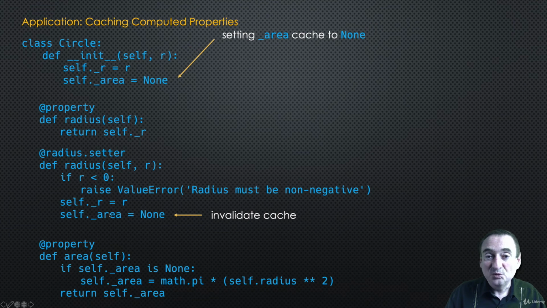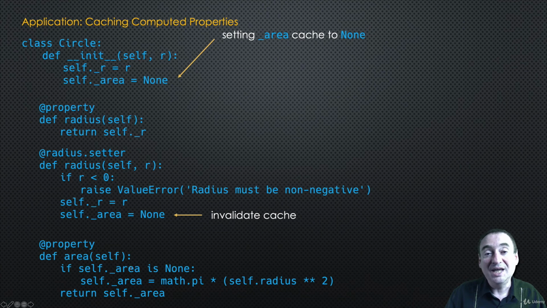Now I create a read-only property for the area. So look what happens. I check when area is called as a bound method, right? It's a property. If _area is None, that means that I need to calculate the area. So now I calculate the area and I store it in my cache, in my _area. And then I return _area.